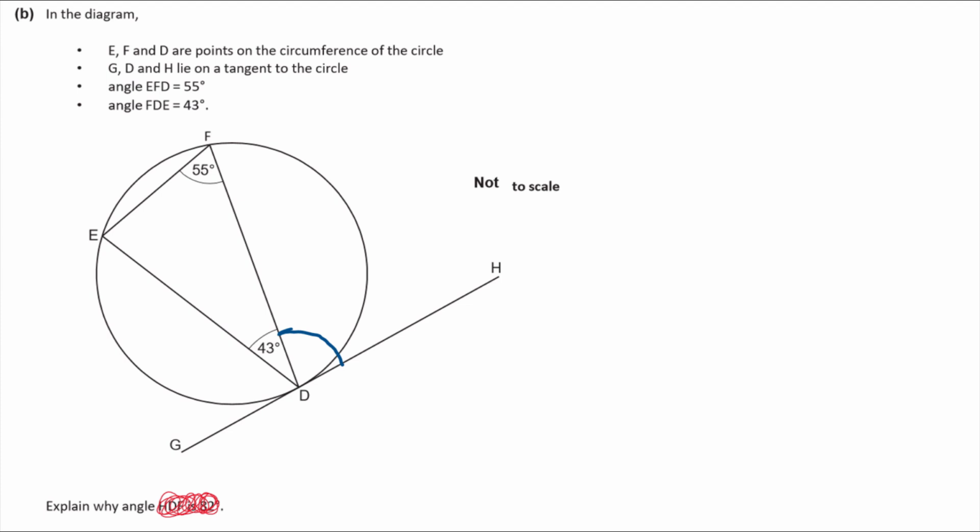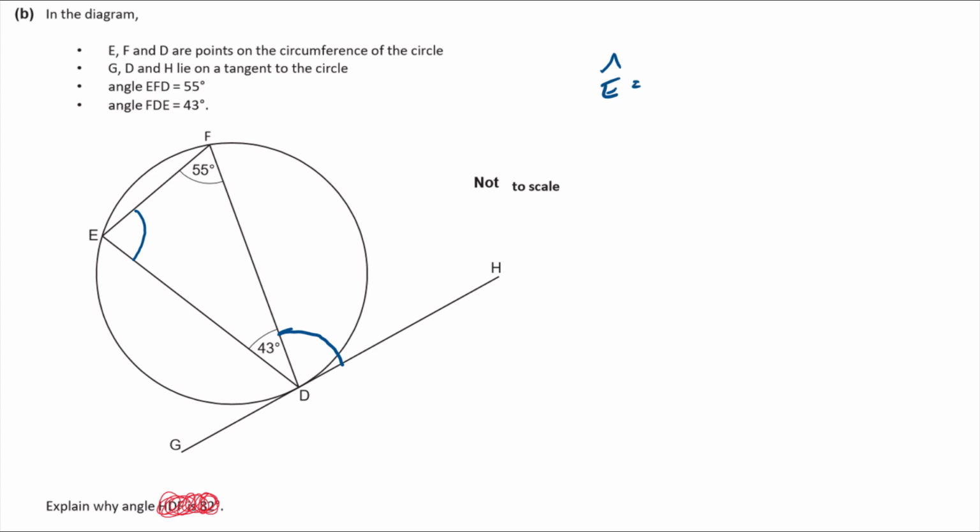Okay, right, so what have we got in my diagram? We've got a triangle EFD, and we've got two angles in the triangle and one missing. So I can easily find the angle E. What's that equal to?